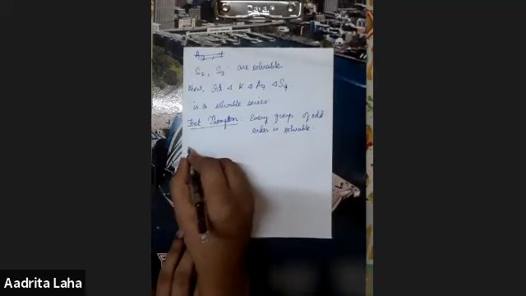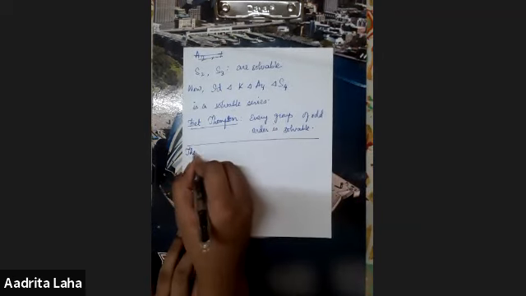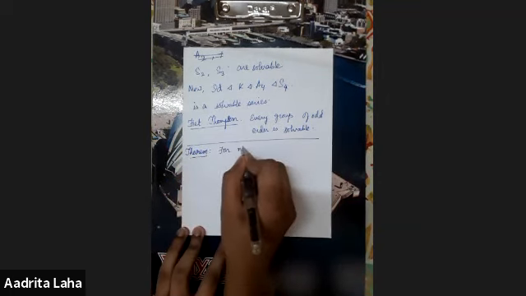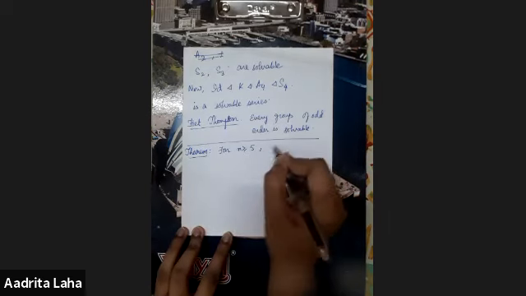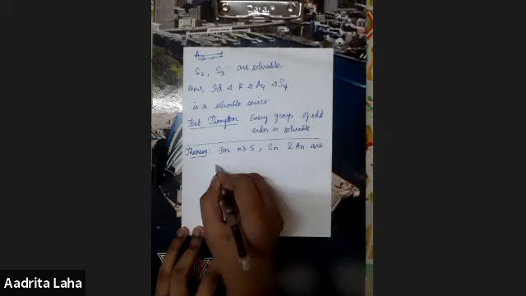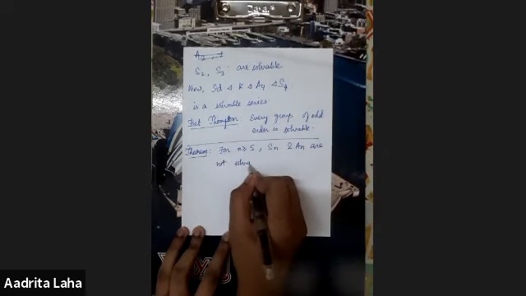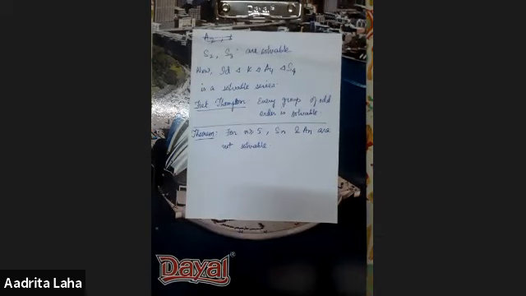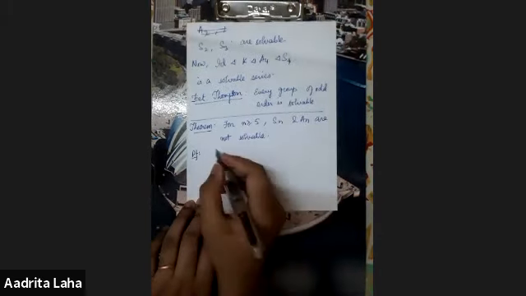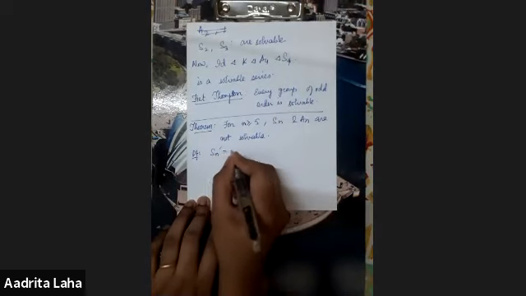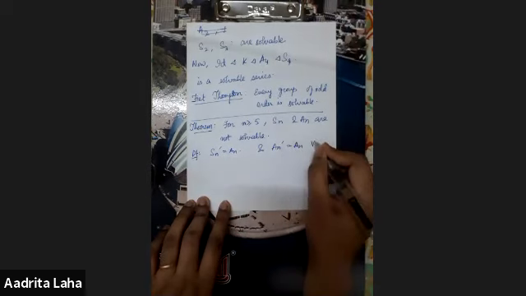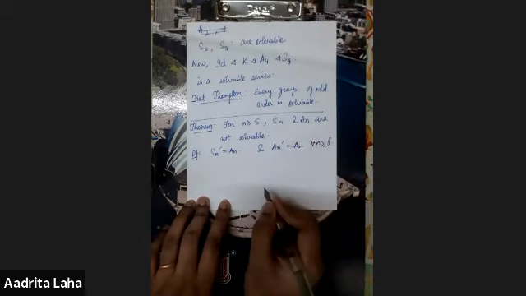Now we finally come back to the theorem that we wanted to prove, which says that for n greater than or equal to 5, Sn and An both are not solvable. This proof again uses the previous two theorems. We have Sn prime equal to An, and An prime equal to An for all n greater than or equal to 5.